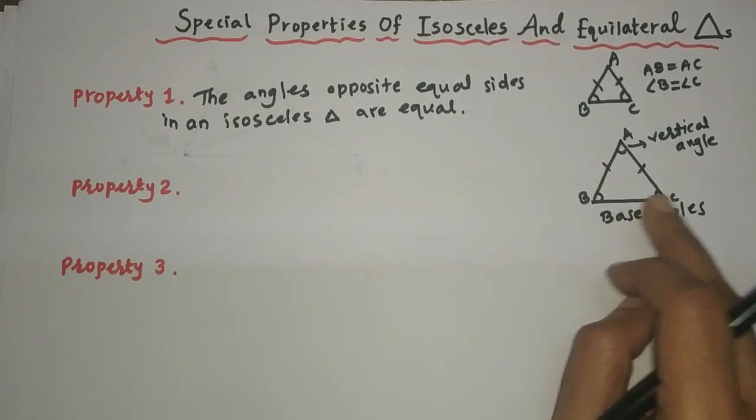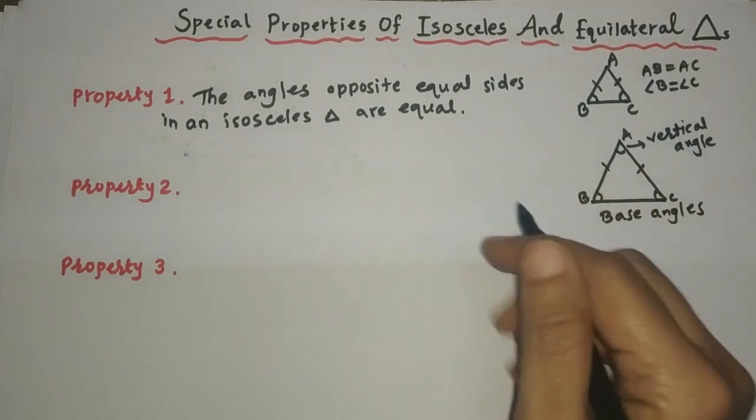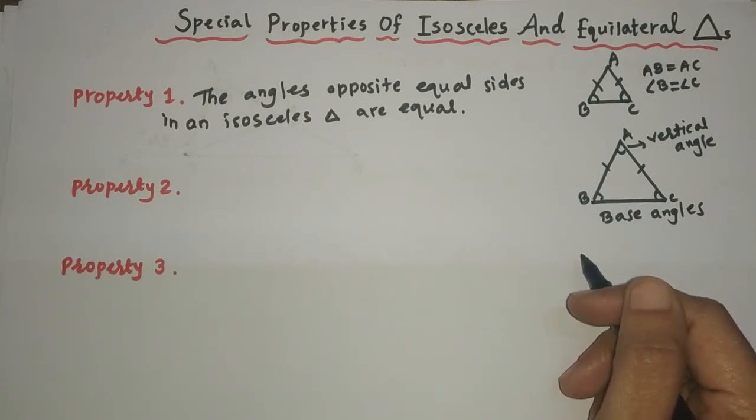So in an isosceles triangle and in an equilateral triangle, what happens?